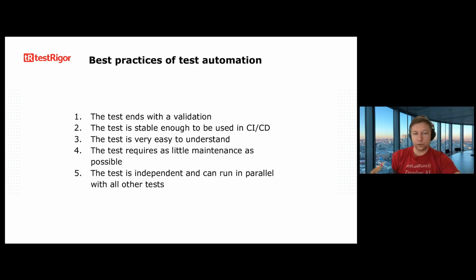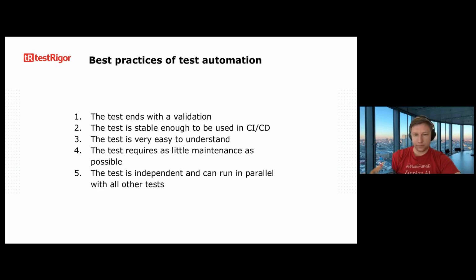And the way to achieve this best practice is to be very careful with how test data is managed. It's a balancing act. In theory, you could, of course, create all the data needed by the test within the test itself.